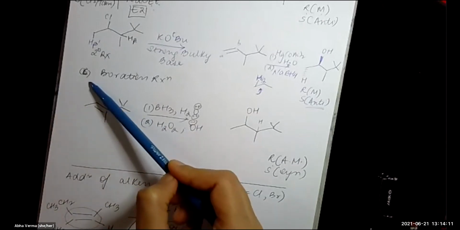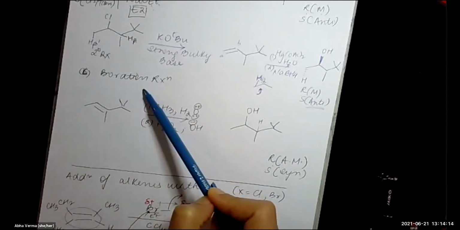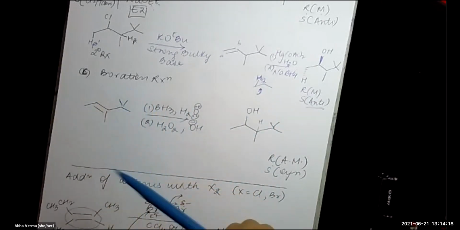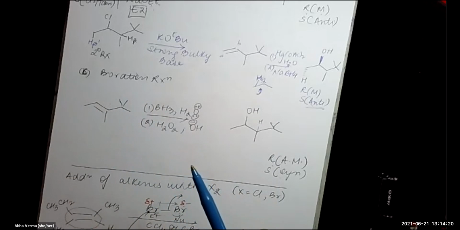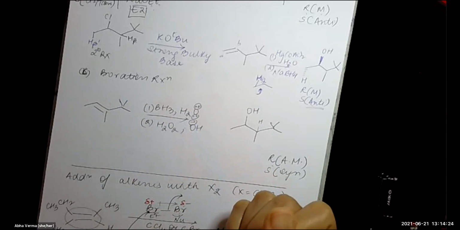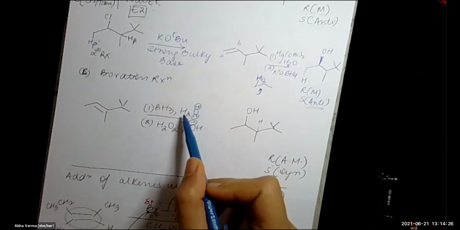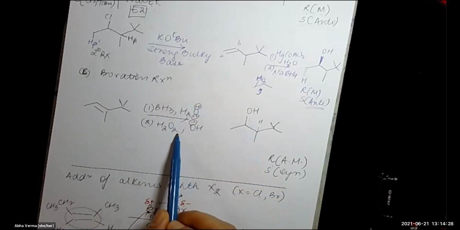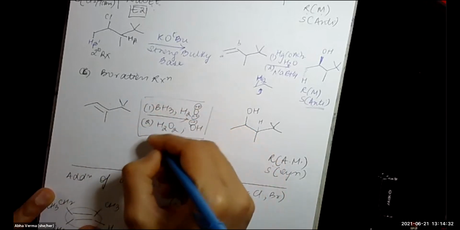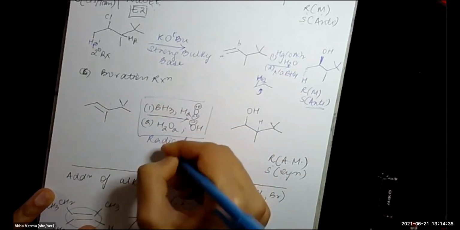And the third way by which we can add alcohols to alkenes is by the hydroboration reaction. In this, you will get a borane in presence of your solvent, which is water here, peroxide and OH. This also follows a radical mechanism.